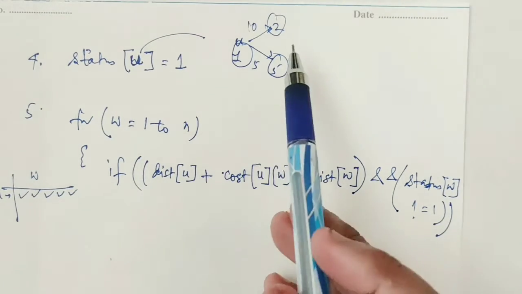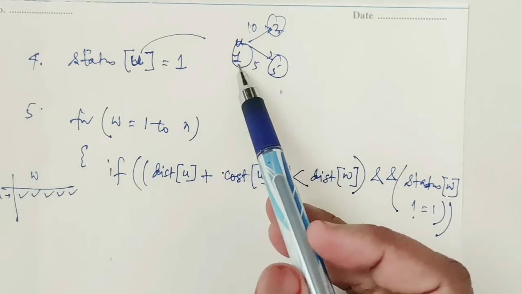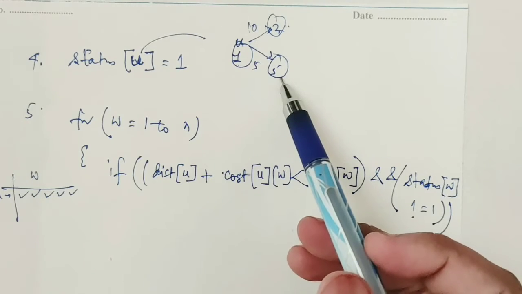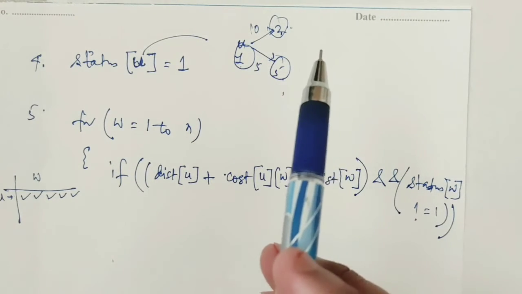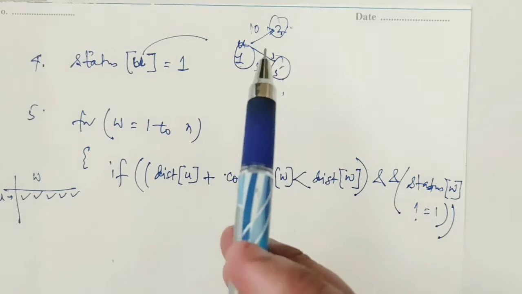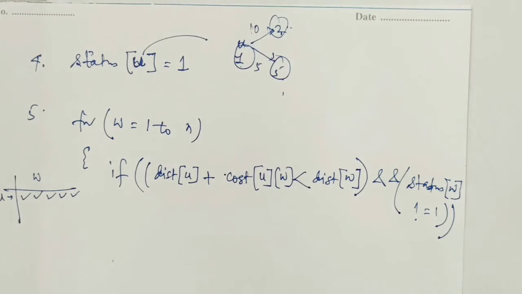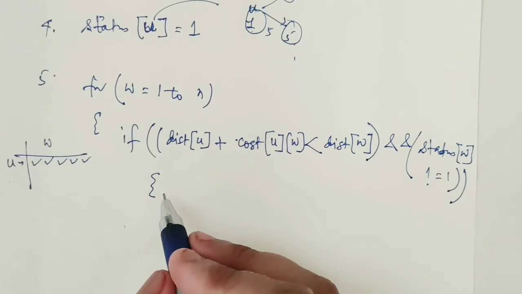That means you can apply relaxation in this case to 2 and 5 with respect to 1, provided 2 is not yet explored and 5 is not yet explored. That means no other vertices have already covered them. So if this is possible, then it is a successful relaxation.